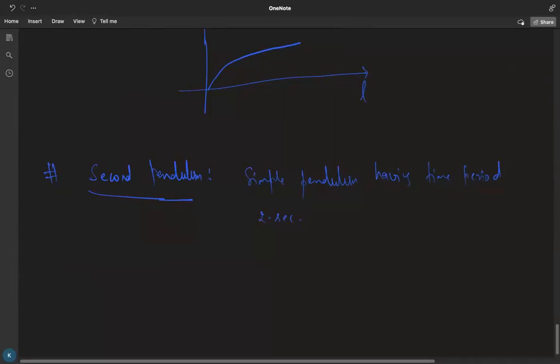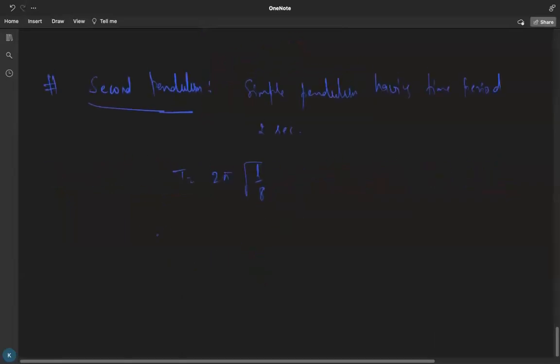Let me do some calculation here. The time period is 2 pi root under L by G, and for the second pendulum the time period is 2 seconds.